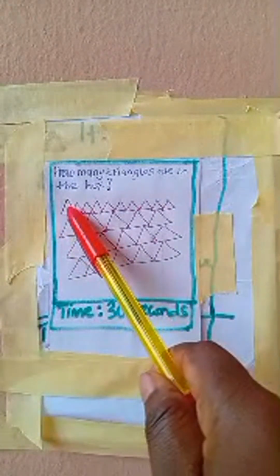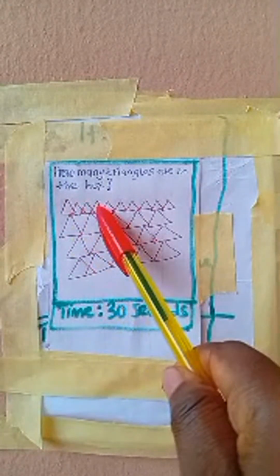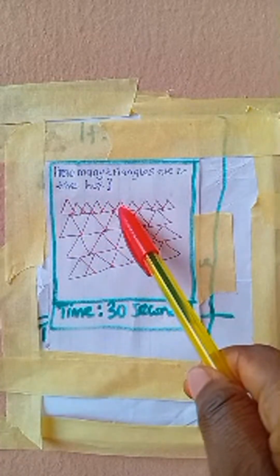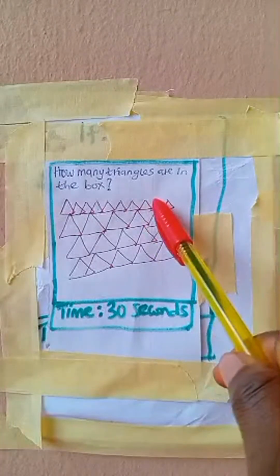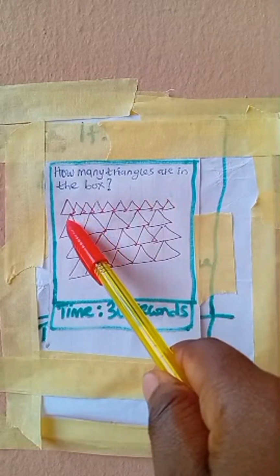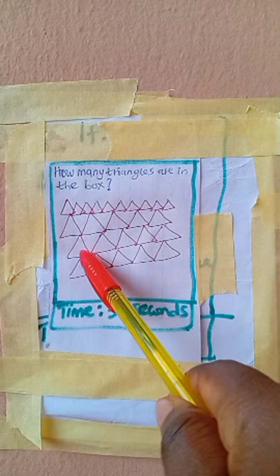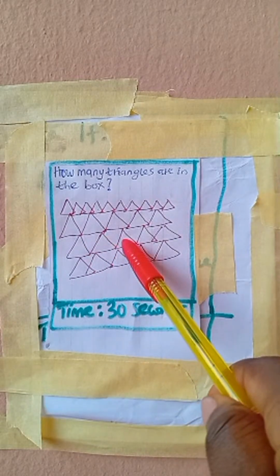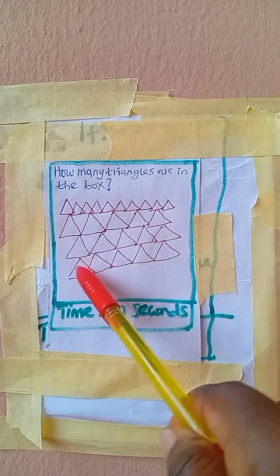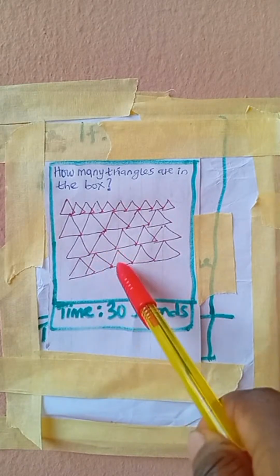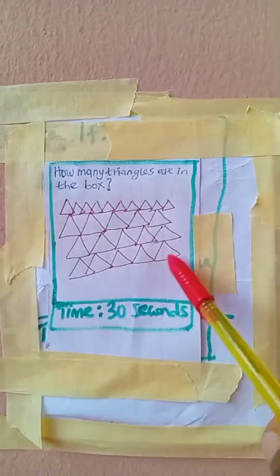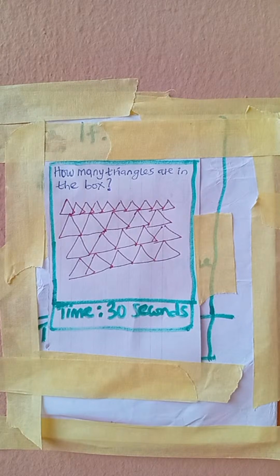This is 1, this is 2, 3, 4, 5, 6, 7, 9, 10, 11, 12, 13, 14, 15, 16, 17, 18, 20, 21, 22, 23, 24, and 25. Yes, the answer is 25. There are actually 25 triangles in that particular box.